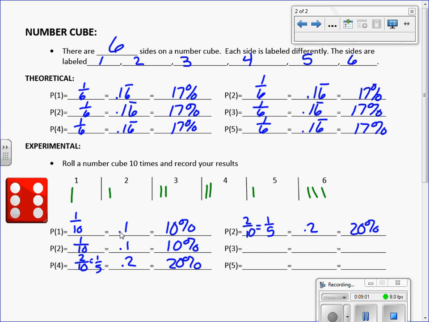Look, I'm messing up here. I'm going down instead of side to side. I apologize. Probability of 2 was 1 out of 10, which was 0.1, 10%. Probability of 3 was 2 out of 10, 1/5, 0.2, 20%.